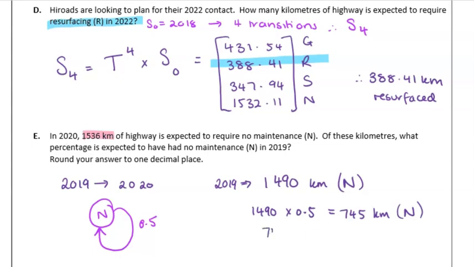So to make it a percentage, 745 out of the 1,536 times 100, and we will get 48.5%. So 48.5% of the 2020 no maintenance was no maintenance required in 2019 as well.